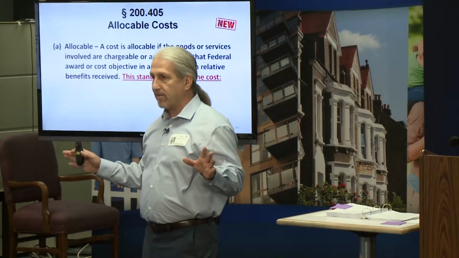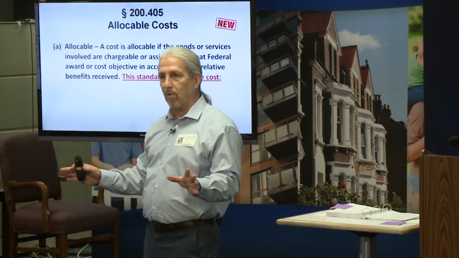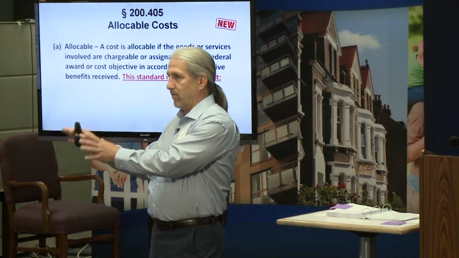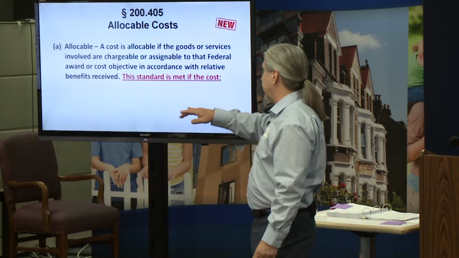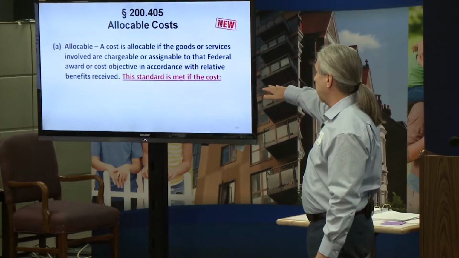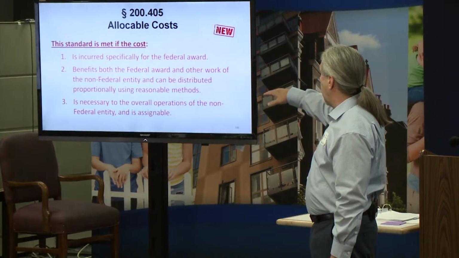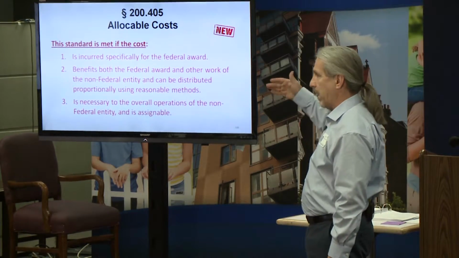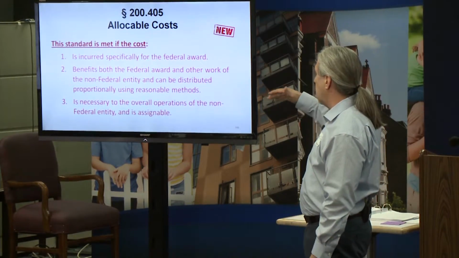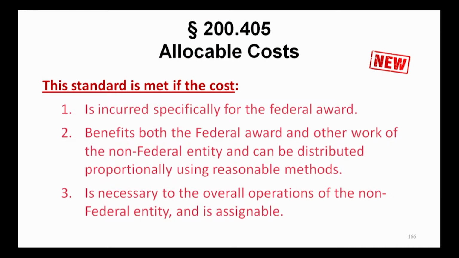So not everything is everything. There's a lot of things that are allowable, but it may not be allocable to that particular grant, right? Okay, so the new language added here is some criteria for how this standard is met. In order to meet the standard, you can determine that you met the standard if the cost is incurred specifically for the federal award.